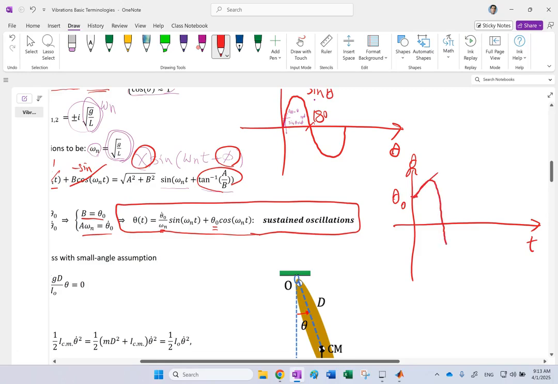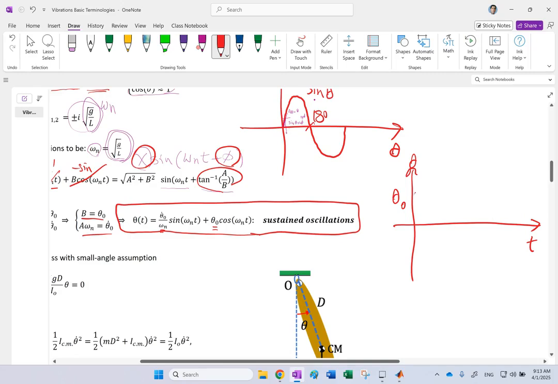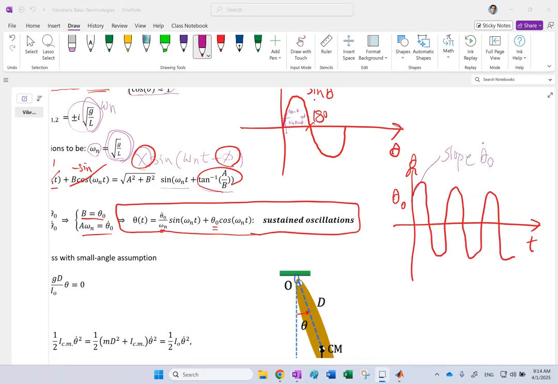So you're going to get something like this, right? You're going to get this kind of response where this initial slope is theta dot 0 and initial angle is theta 0. And clearly this is a sustained oscillation, which means the pendulum keeps oscillating forever.